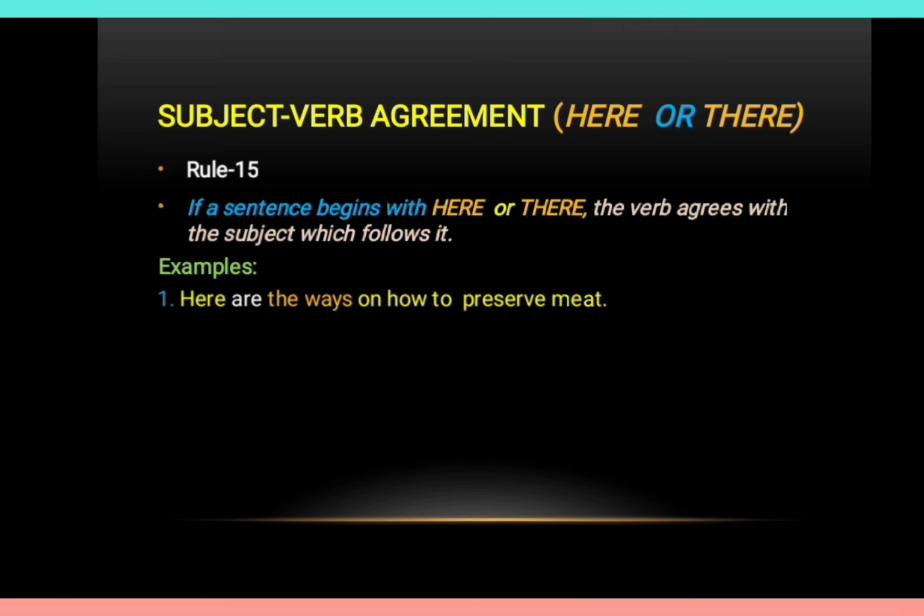And the second example: there is a huge gap between the rich and the poor. We are talking about a huge gap, that is our subject, so according to our subject, we use "is".